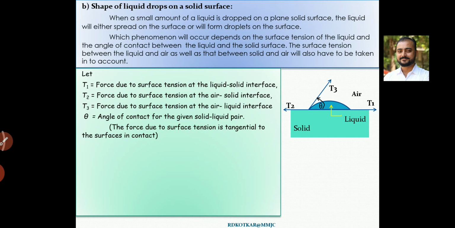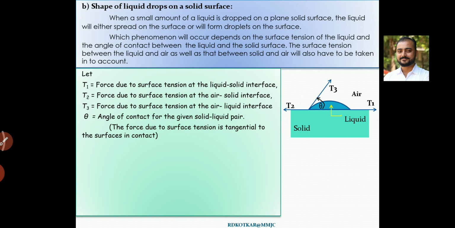You observe that T1 is tangential to the liquid and solid interface. T2 is where air and solid come closest to each other; at that particular interface where the air and solid come in contact, we draw the tangent.